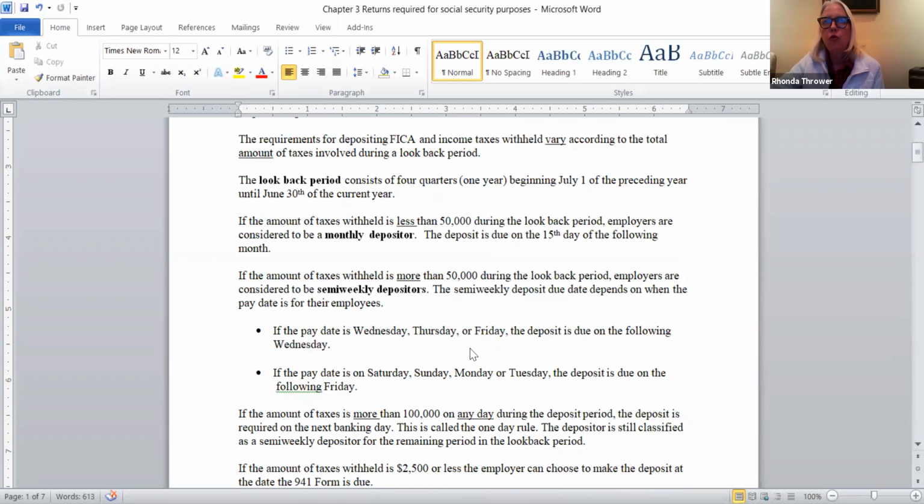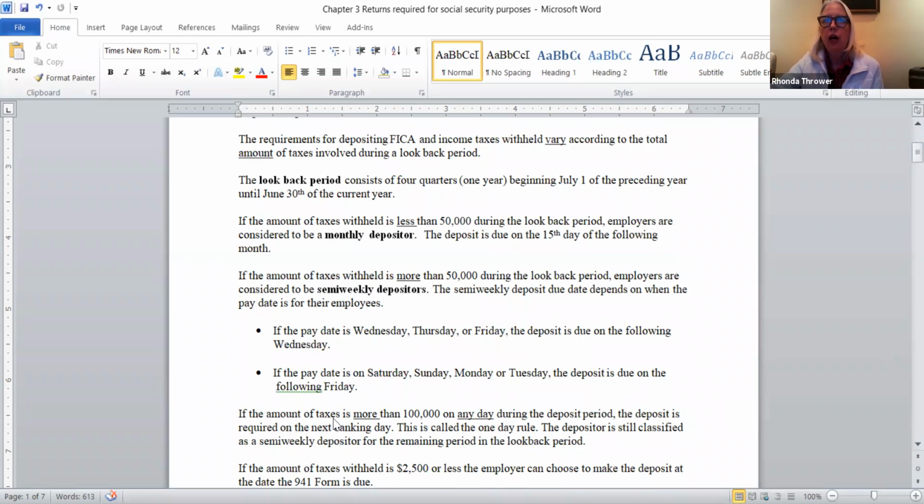There's an exception to this rule. If the amount of taxes is more than $100,000 on any day during the deposit period, the deposit is required on the next banking day. This is what we call the one-day rule.